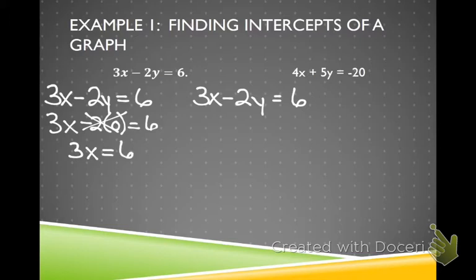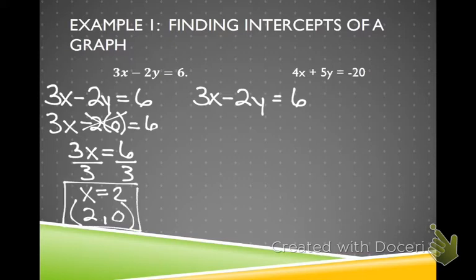Now we can solve for x: x equals 2. Now we can pair these together to make an ordered pair. If my x value is 2, and I substituted 0 for y, my ordered pair is (2, 0).